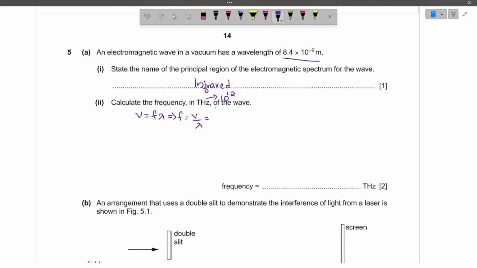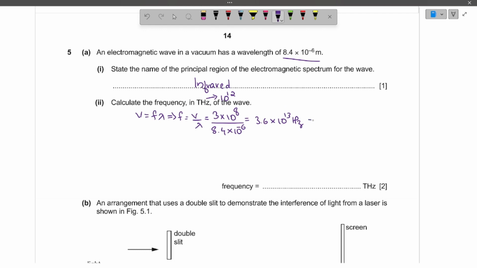What will be the speed of this electromagnetic wave? As you know, it is constant, 3 times 10 to the power 8, divided by the wavelength given, 8.4 times 10 to the power minus 6, which is equal to 3.6 multiplied by 10 to the power 13 hertz. But this is not in terms of terahertz because the power is 10 to the power 13.